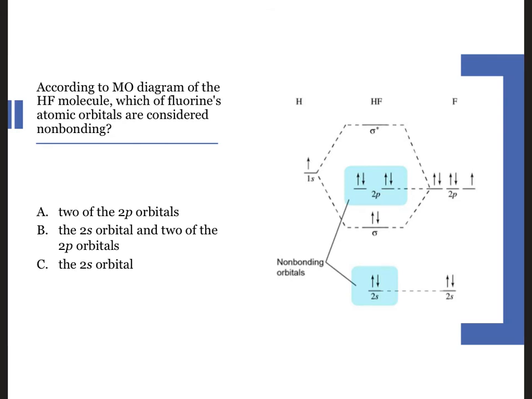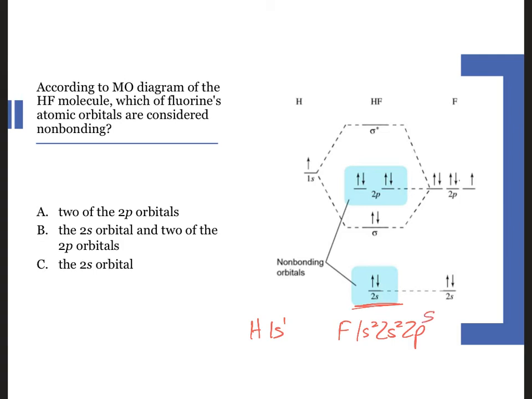All right, so taking a wide-angle view of HF, we saw that, in fact, the 2s atomic orbitals are also non-bonding. Remember, hydrogen's coming in with its 1s. Fluorine is coming in with 1s2, 2s2, 2p, 1, 2, 3, 4, 5.